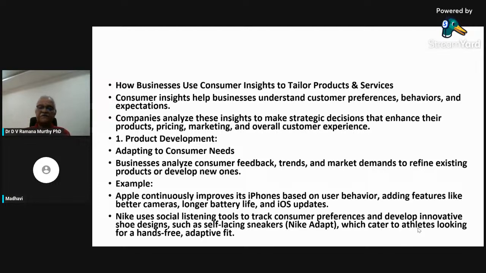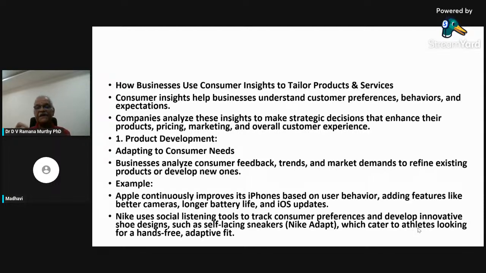In marketing management, you might have studied the product life cycle. If the customers do not accept the product anymore, the product dies in the market. So there is a need for you to reposition it or develop a new product. All these things are made possible. Say, for example, Apple continuously improves its iPhones based on user behavior.